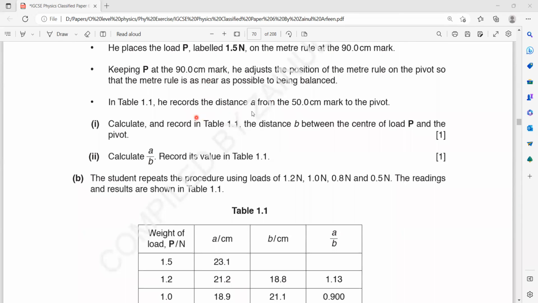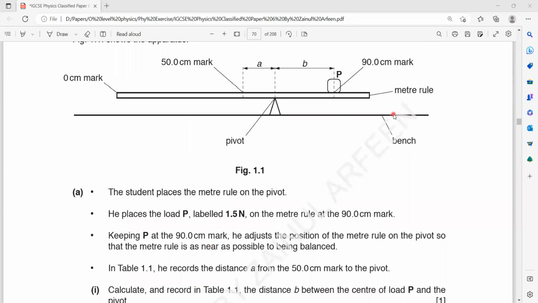So he recorded the distance A from the 50 centimeter mark to the pivot, and you have to calculate and record in table 1.1 the distance B between the center of the load and the pivot.